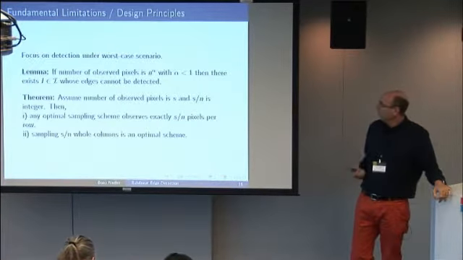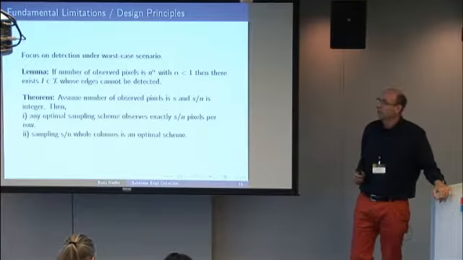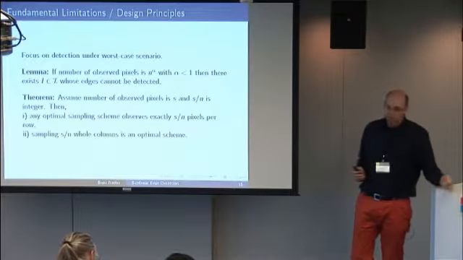Okay? Here's a less trivial result. Another thing I didn't mention, I'm thinking here about non-adaptive sampling, meaning that I decide which pixels to sample in advance. A different interesting problem is adaptive sampling, where you observe a pixel, and based on the result, you can decide where to observe a pixel next. I'm not doing that. I set up in advance which pixels I want to observe.